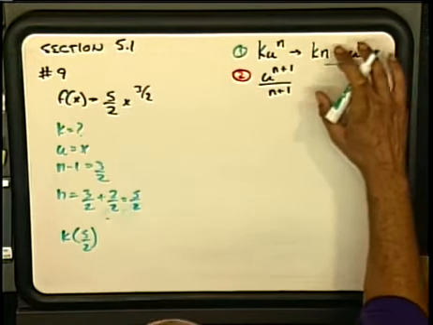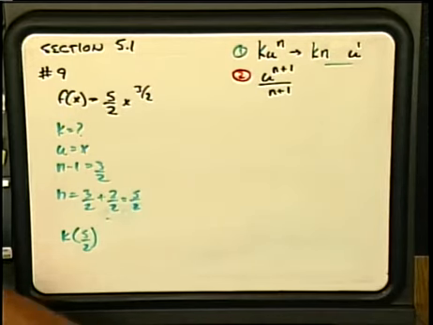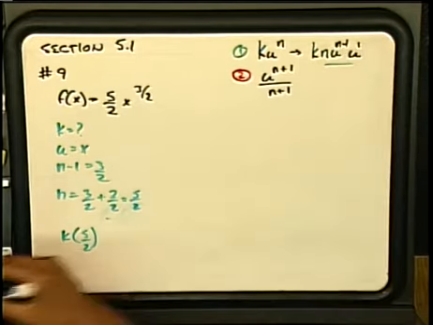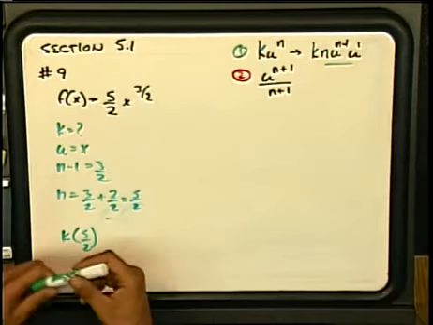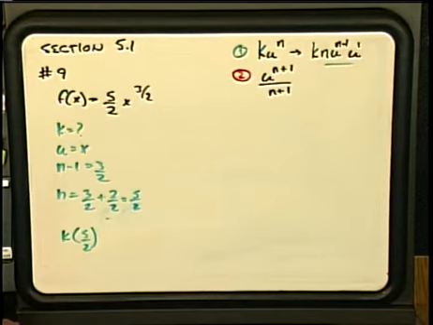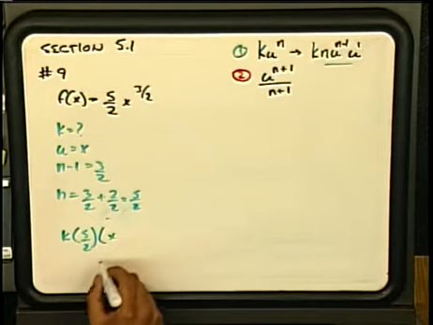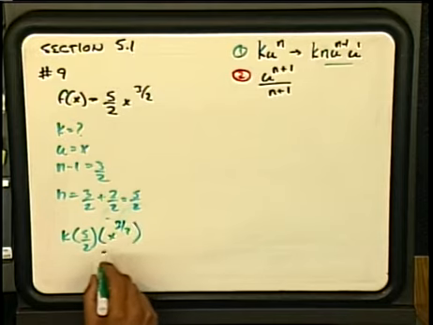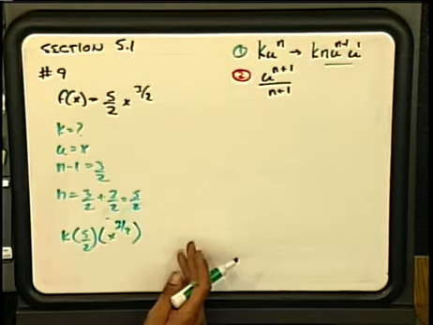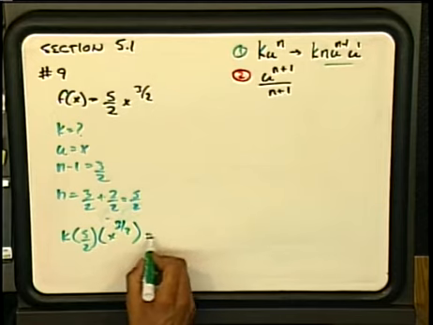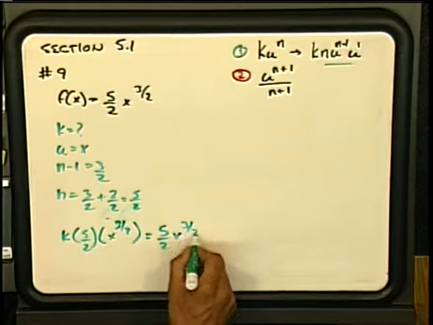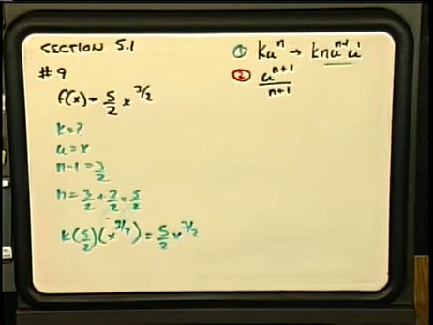This should be, excuse me, K, N, U, N minus 1, U prime, or derivative of U. K, N, U is X, N minus 1 is 3 halves, U prime, which doesn't apply. All this equals the original function, and solve for K.